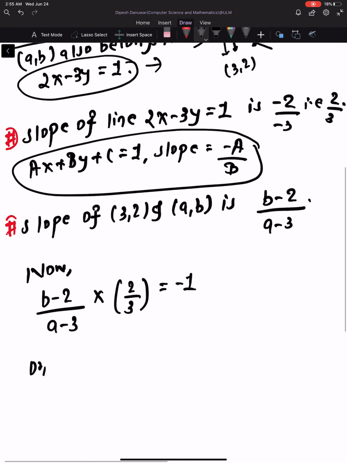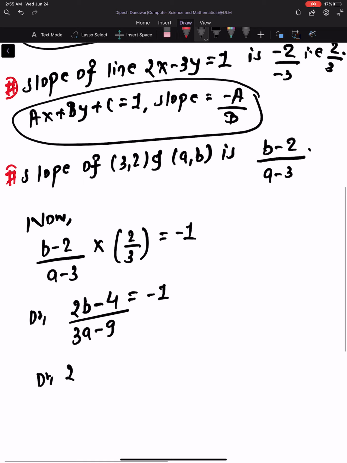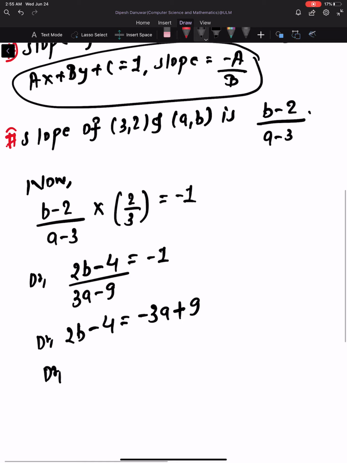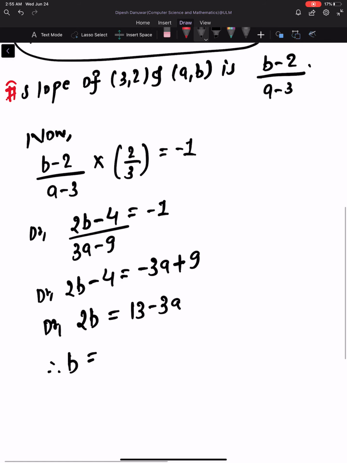So now multiply, that will be 2b minus 4 by 3a minus 9 is equal to -1, right? So that will be 2b minus 4 is equal to -3a plus 9, so 2b is equal to 13 minus 3a. Therefore b is equal to (13 minus 3a) by 2. That will be your equation 1.